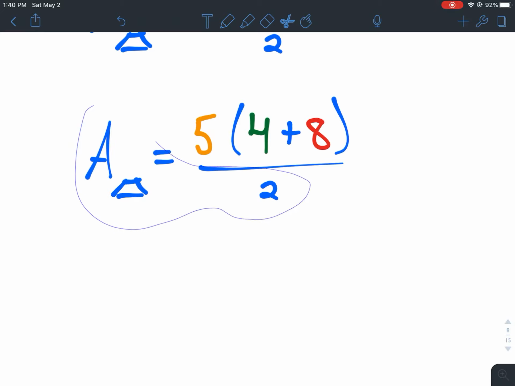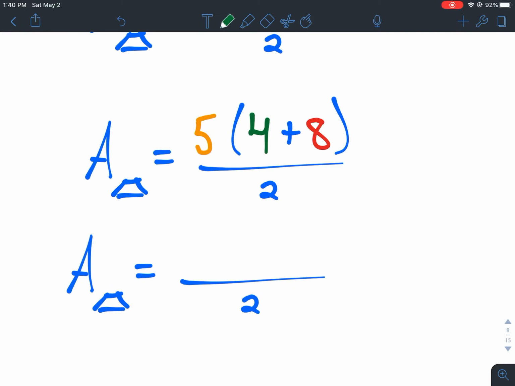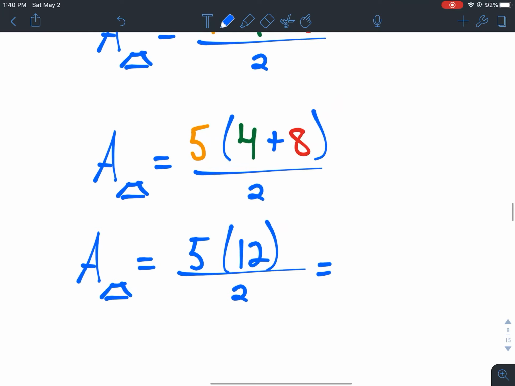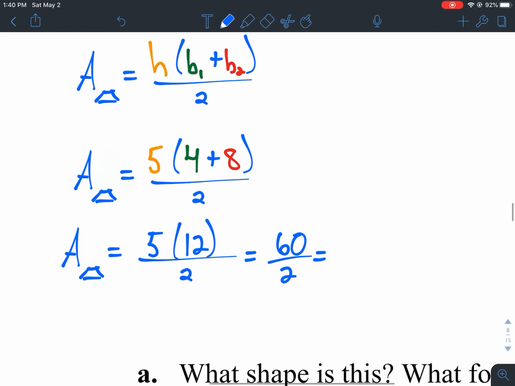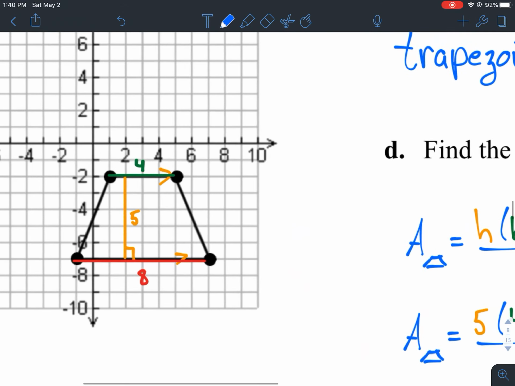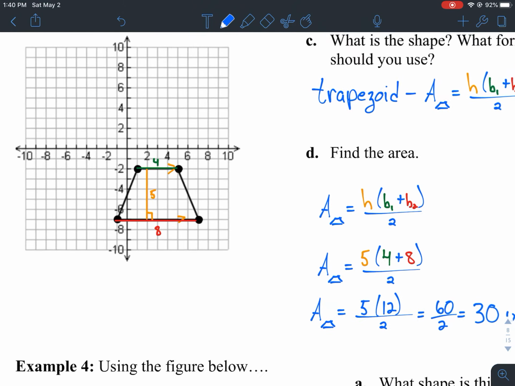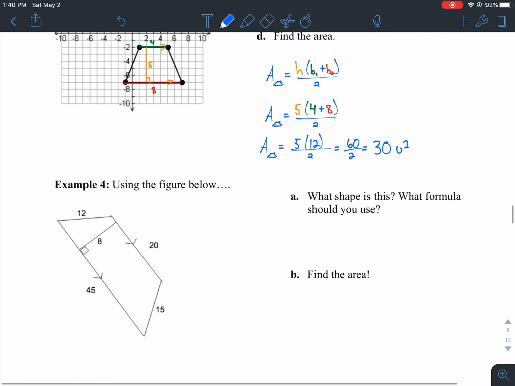So area is equal to 4 plus 8, which is going to be 12. 12 times 5 is 60, divided by 2, that is going to be 30. So the area of this trapezoid here is 30 units squared. Alright, so let's move on to the next one.